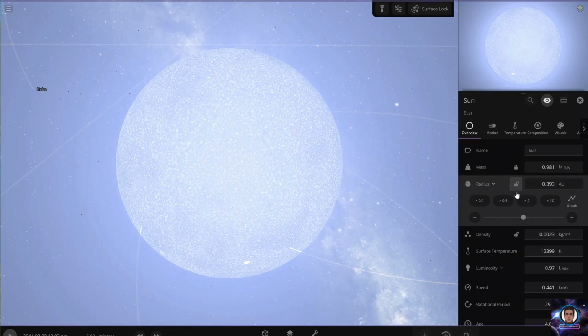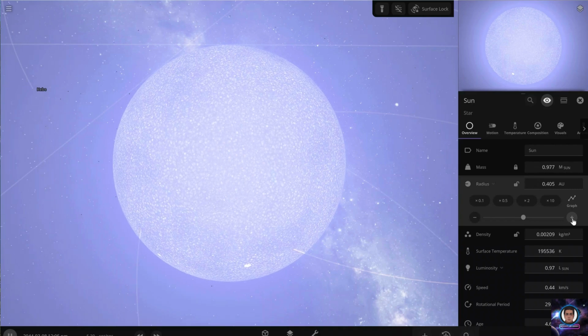So now I'm slowing down the simulation to see what's going on. You can see the mass is decreasing, and also the surface temperature is increasing. I'm not sure why it's increasing. By the way, the sun is being disintegrated, I think.